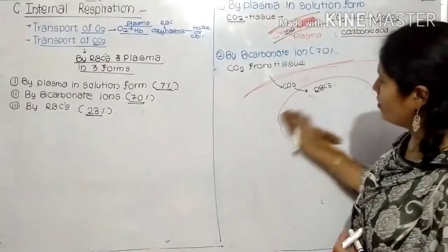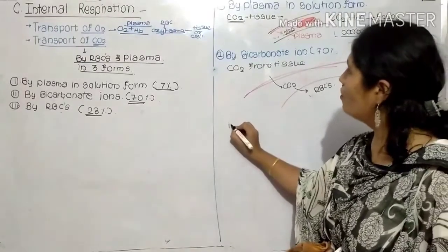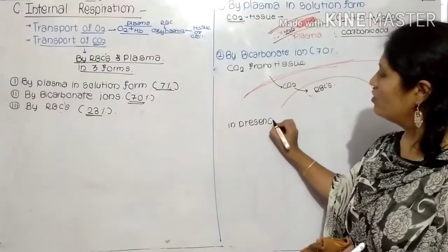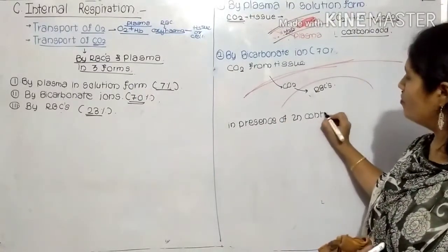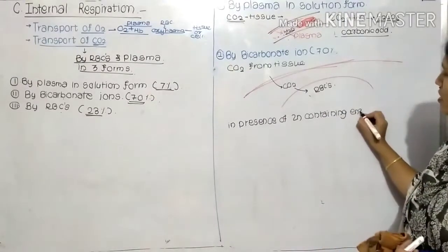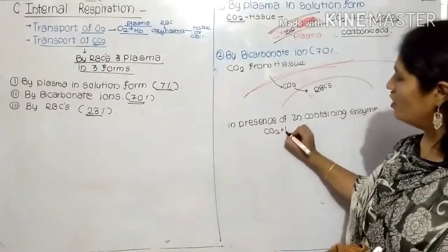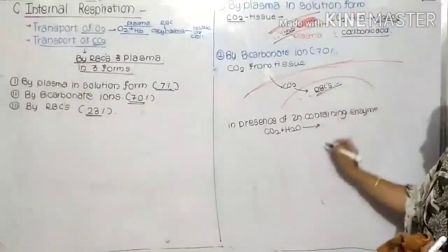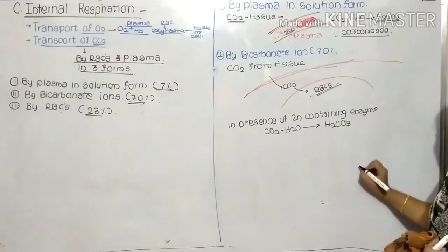Whenever it enters into the RBCs, it combines with the water molecule in presence of a Zn-containing enzyme. This carbon dioxide combines with the water molecule present in the RBCs, and here also it forms H2CO3.